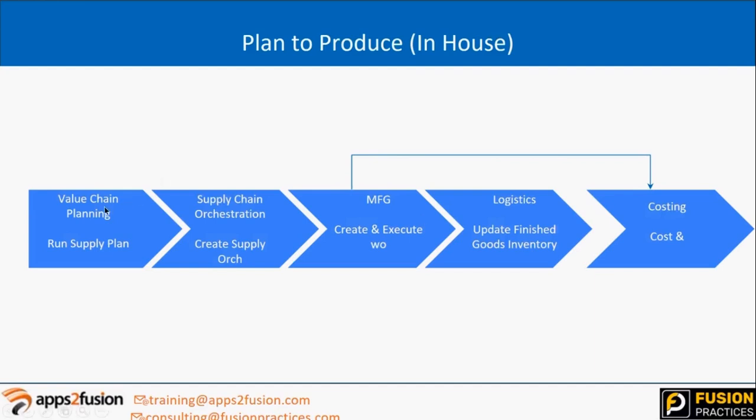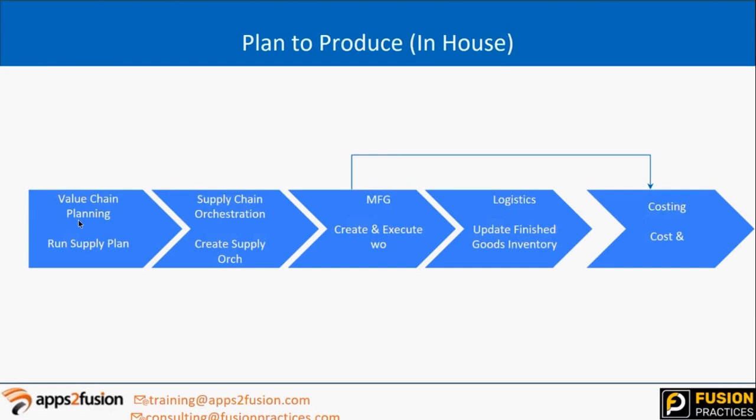Here, if you see, the input comes from a plan. You create a plan, you run a supply plan. That's the originator for this supply. We are just manufacturing certain goods and stocking them in our inventory. That is what this business flow is about.